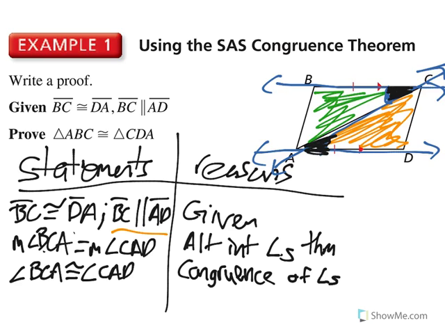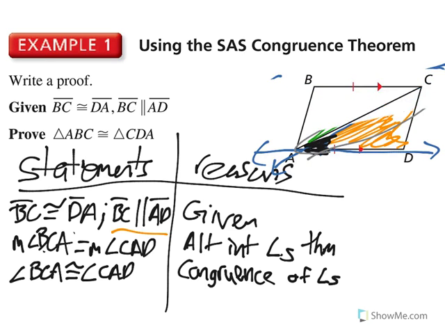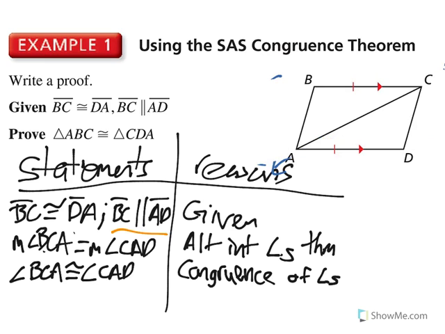So now in my diagram I have a side and I have an angle on each one. So I need another side in order to do the SAS congruence theorem. My angle would have to be included, so that leaves the side here of AC, and this is actually the shared side of these triangles. So I erase all this to get rid of it.